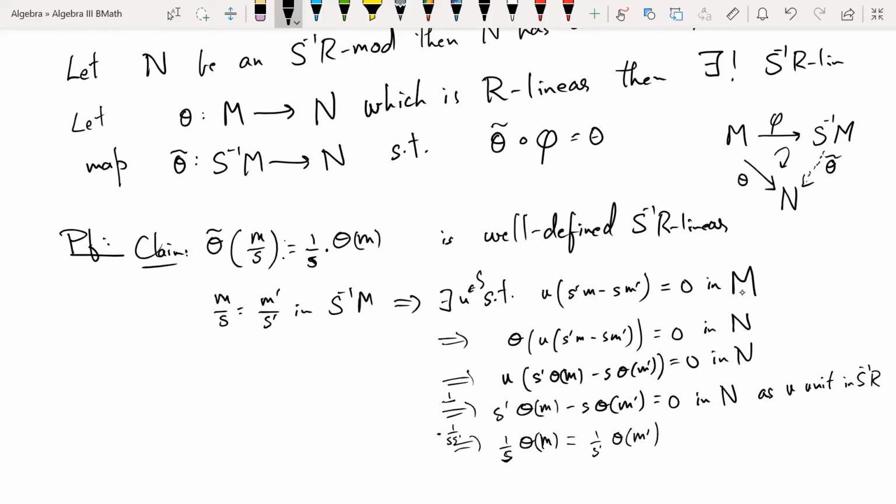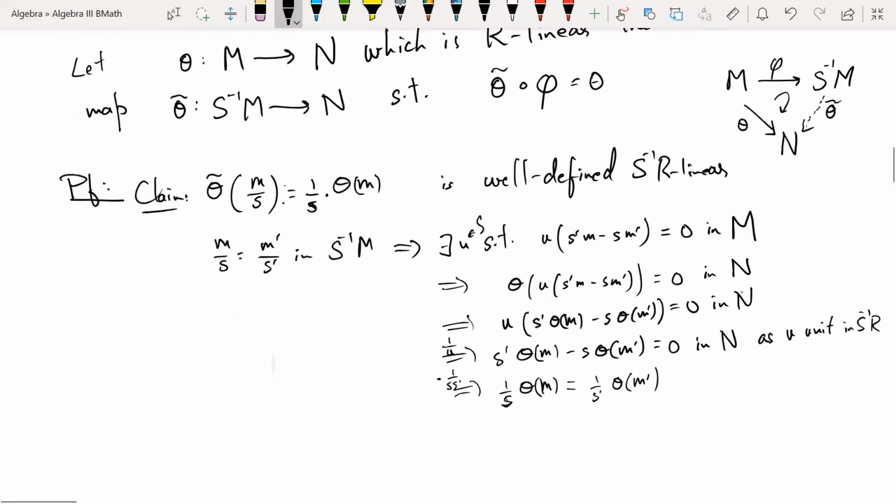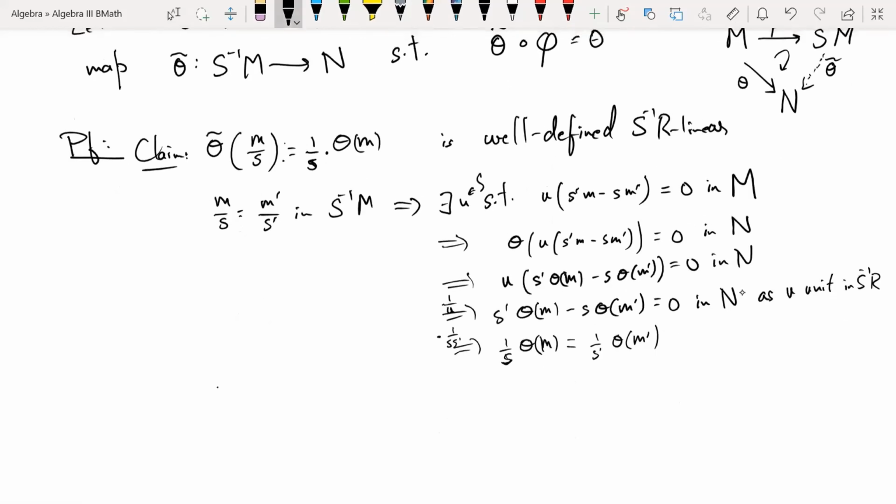Here you are multiplying by 1 over U, because all these things are units in S inverse R. So you get that theta tilde is well defined. Now you have to check this is R linear as well.